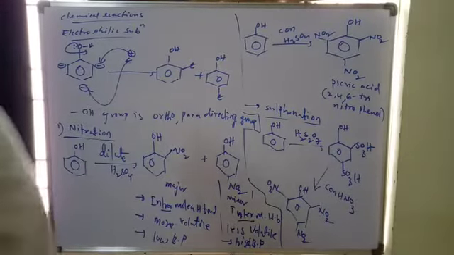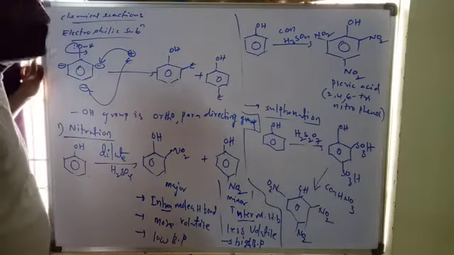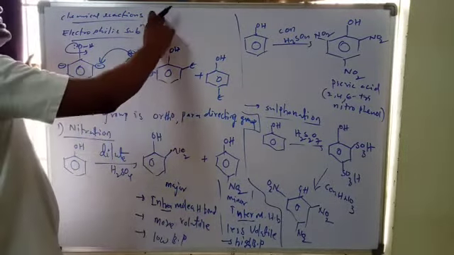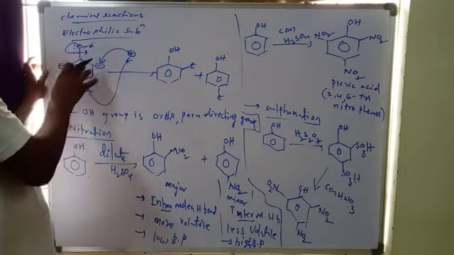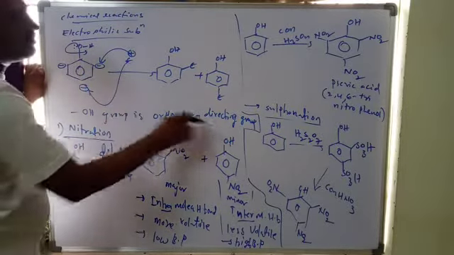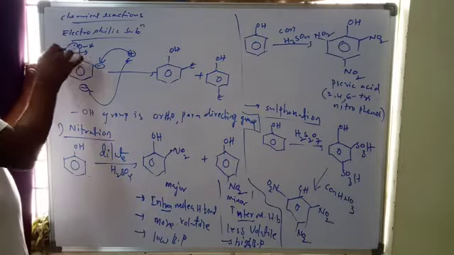Okay, hi students. So, electrophilic substitution reactions in the phenols. The chemical reactions: if you see electrophilic substitution reactions in the phenols, the OH group is ortho-para directing, because the lone pair present on the oxygen can donate electrons.